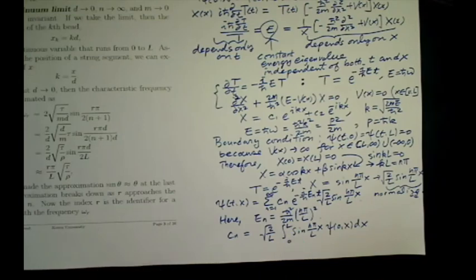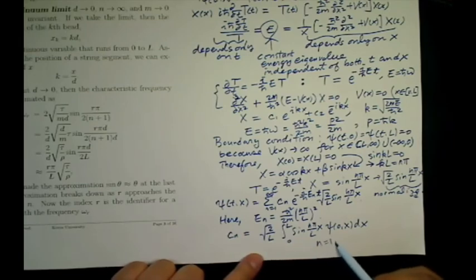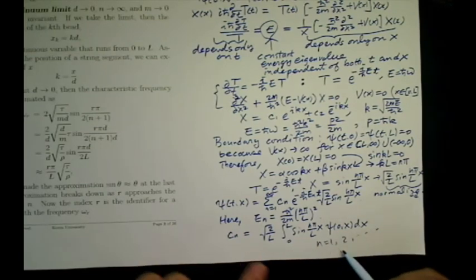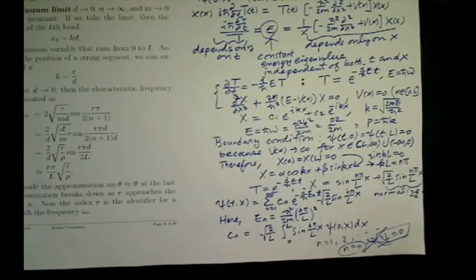Remember that the allowed values for n are only 1, 2, and so on. If I substitute n equals 0, it is not a state. n equals 0 gives psi equals 0, so it is not a state at all. This is nothing.